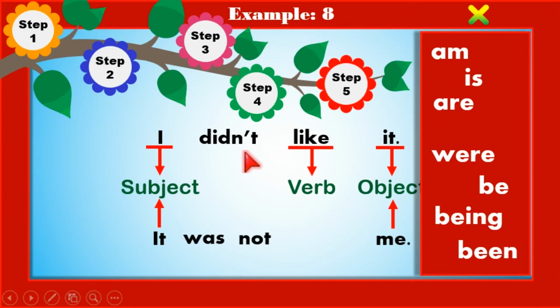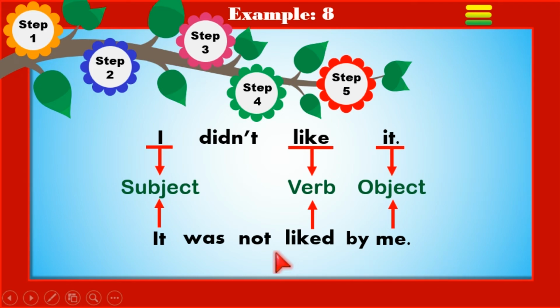And then it is a negative sentence. So add not. It was not, then past participle form of the given verb like. What is that? Liked. And step 5, by. Now you got the correct answer.